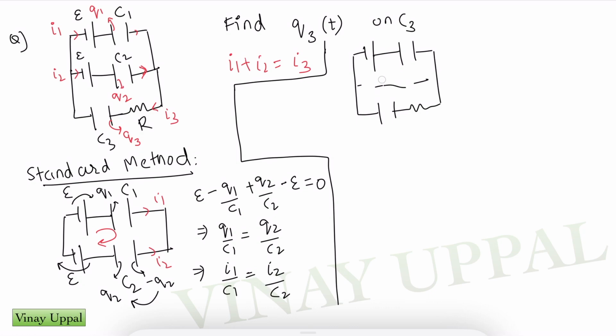I'm just not drawing that for a little bit of clarity. So I'm going to write my loop law across the outermost loop. So this is E, C1, C3 and R. I have current I1 flowing this way. I have current I3 in the lowermost branch. Remember, there is some middle branch as well of E and C2, but I've just not drawn that.